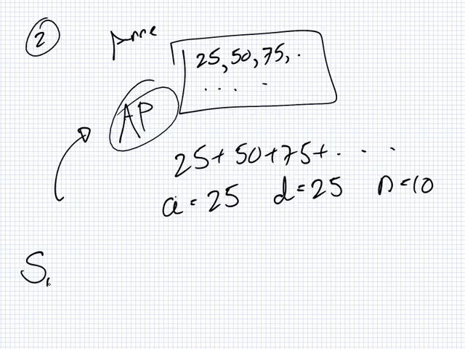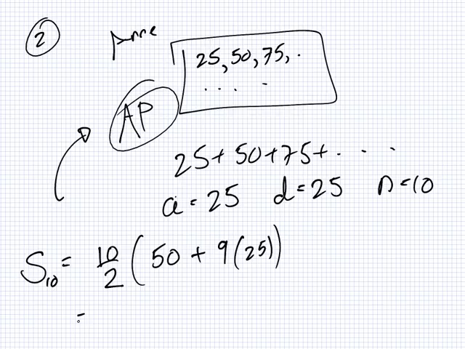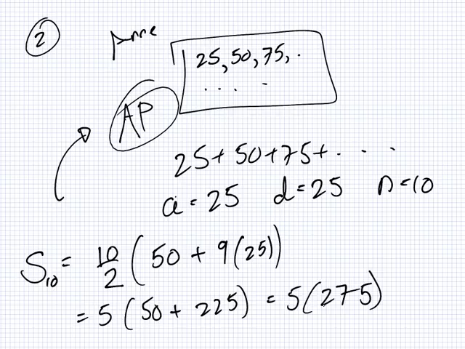So S10 equals N over 2 times 2A plus N minus 1 D. So 5 times 50 plus 225. Yes? 5 times 275.